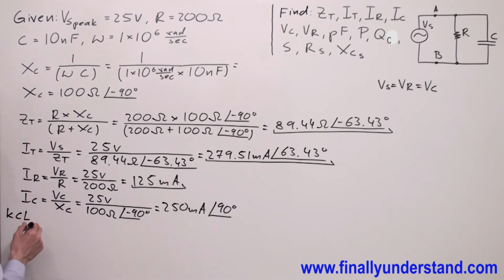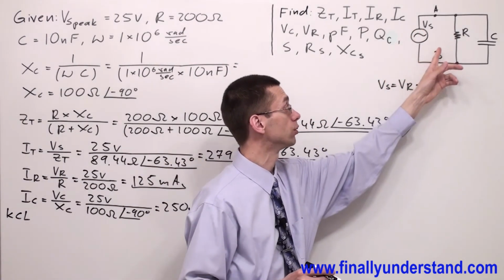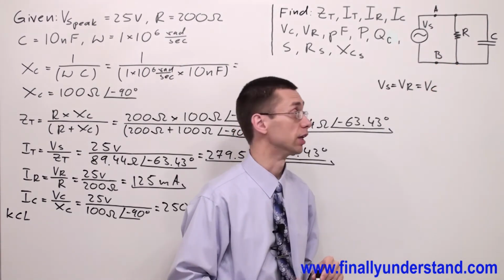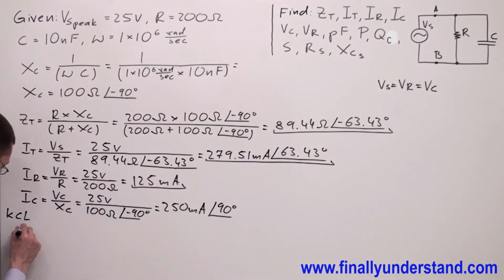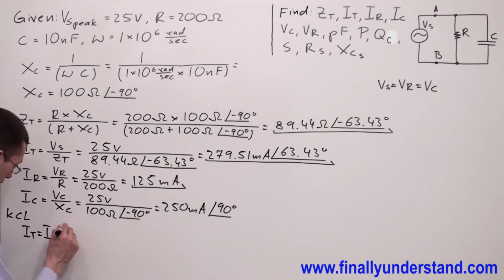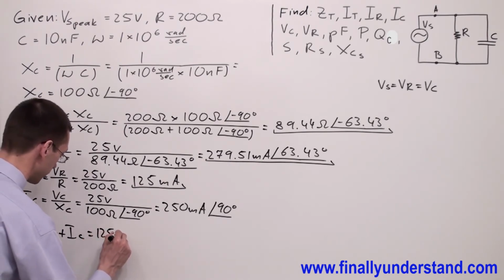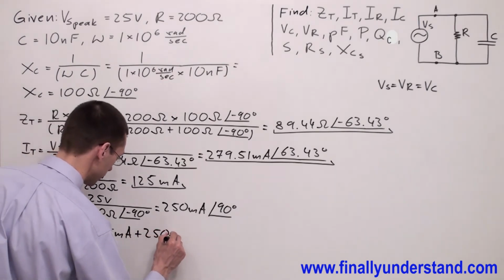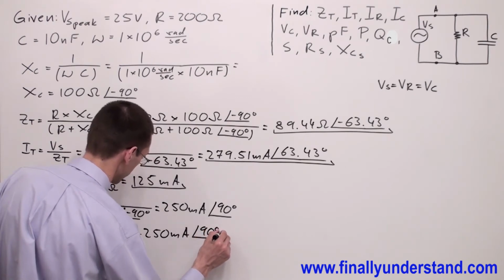Kirchhoff current law says that the total current in this circuit will be equal to the sum of currents which go through each branch. So I'm supposed to write I total is equal IR plus IC, which is equal 125 milliamps plus 250 milliamps, an angle of 90 degrees.